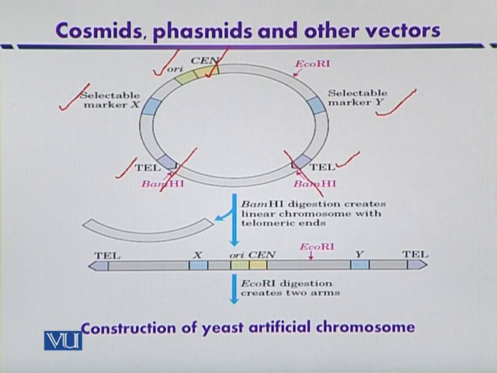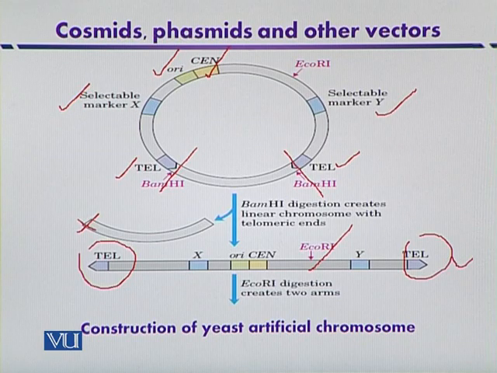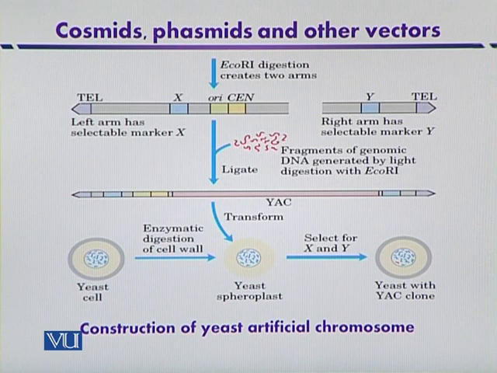One can digest with BamHI, so this fragment of DNA is discarded. Then in the further step, you will get a linear yeast artificial chromosome that is flanked by a region of DNA called telomeres. In the next step, it is further digested with the EcoRI enzyme so that the left and right arms get separated.